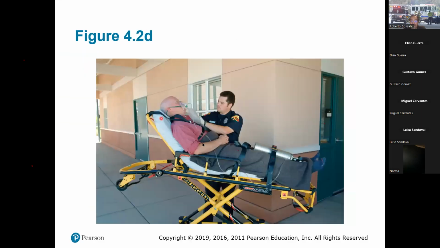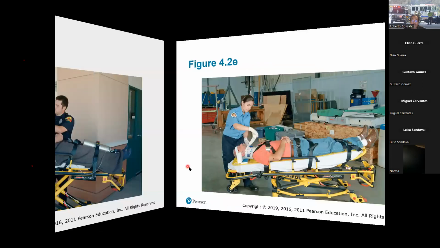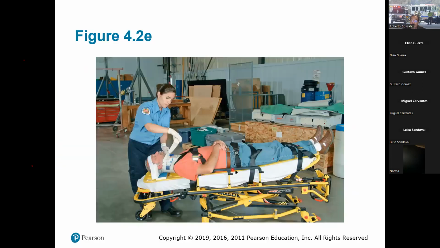Okay. Now, what's this? Is this a Fowler's or semi-Fowler's? Is this guy at a 45 degree or at a 90 degree? 45, so they're about at a semi-Fowler's. This person here is in the Trendelenburg's position.